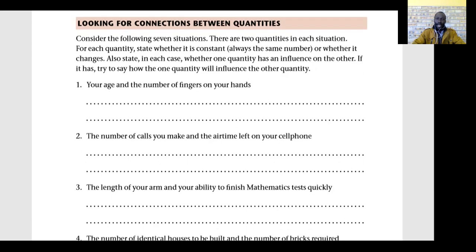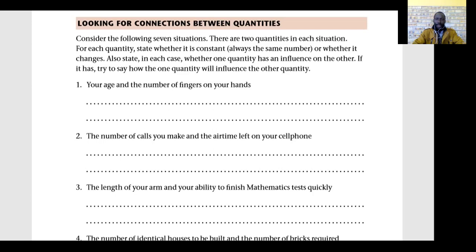Your age and the number of fingers on your hand. Well, does your age and the number of fingers on your hand relate? In other words, look at your age and look at the fingers on the hand. If you are to compare these 2 quantities, which one is a constant and which one is a variable? Well, one thing we see is your fingers do not change with your age.